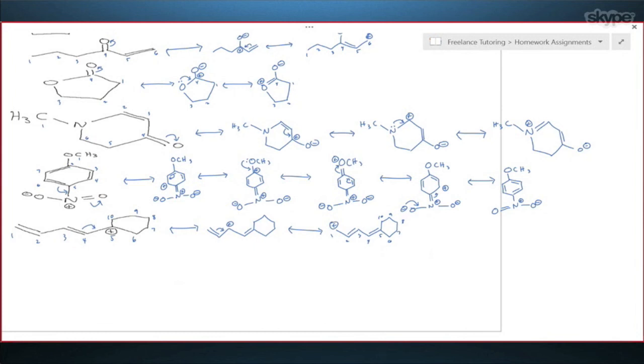Okay, this would be tough to get all the structures. Let's see here. Okay, good.